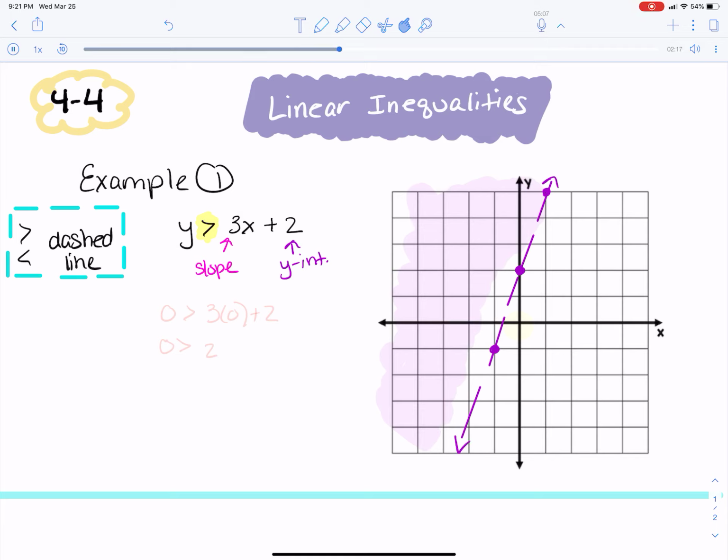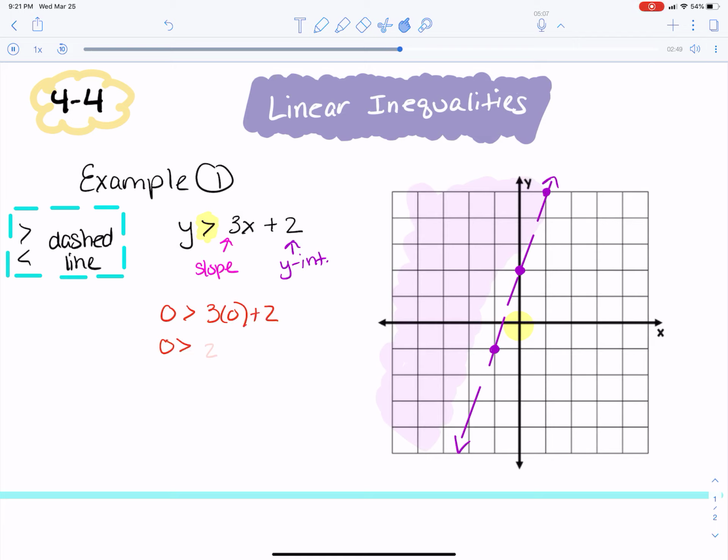All right, well now we have to figure out which way we're going to shade. So we have to look at our sign, and we're going to think about what makes sense in our equation. So you can pick test points to either the left or the right. I always normally like to pick 0, 0 as my test point. And then if I'm testing it, if I plug in 0 for x and y, we're going to see if this makes sense.